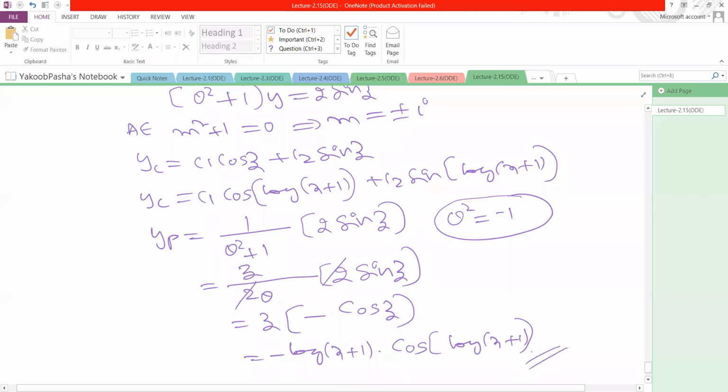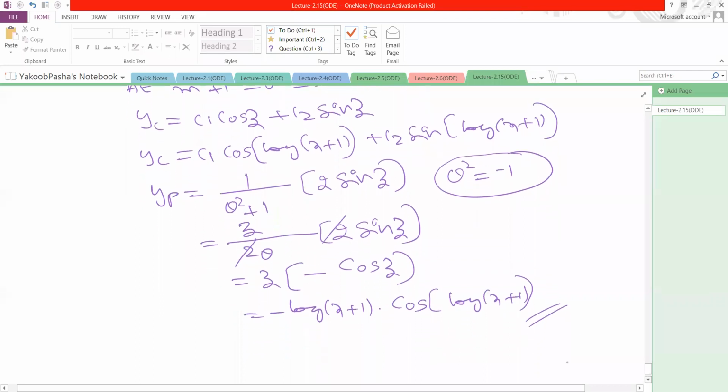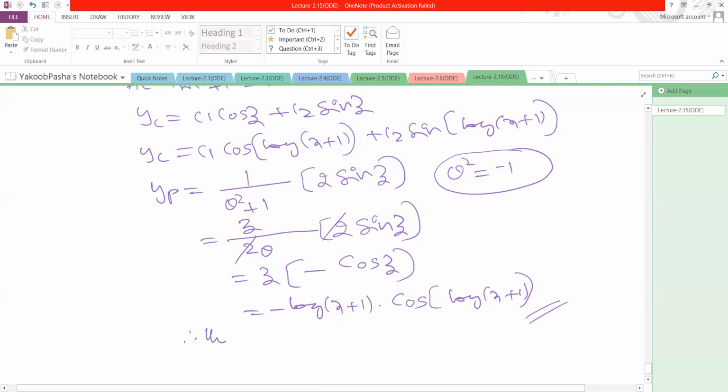This is the particular integral. So we can write the general solution as the sum of the complementary function and the particular integral. Therefore the general solution is y is equal to yc plus yp; you can write the yc and yp values.